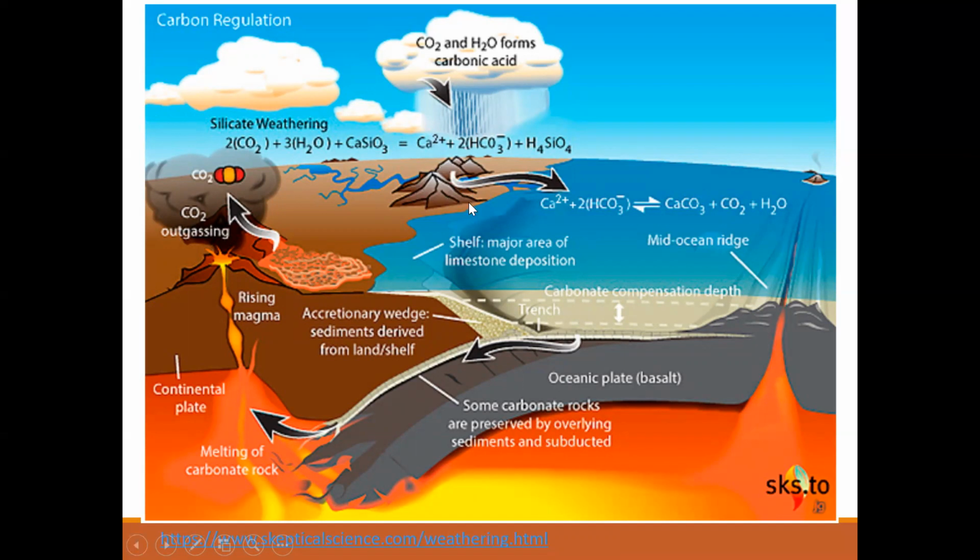With that slow weathering, this carbon enters into the water cycle, runs off into larger bodies of water, as water tends to do, and settles to the bottom of the ocean and gets moved into the rock cycle.